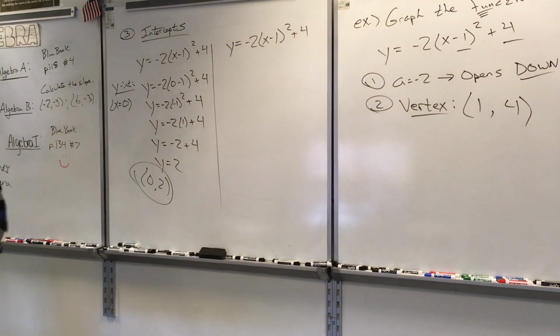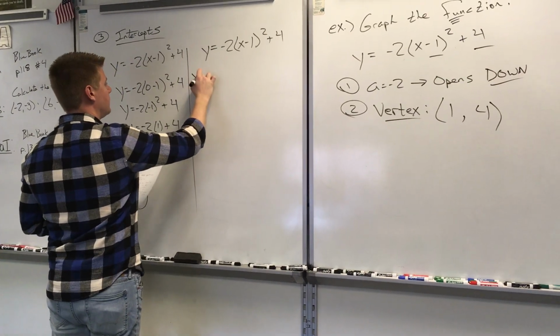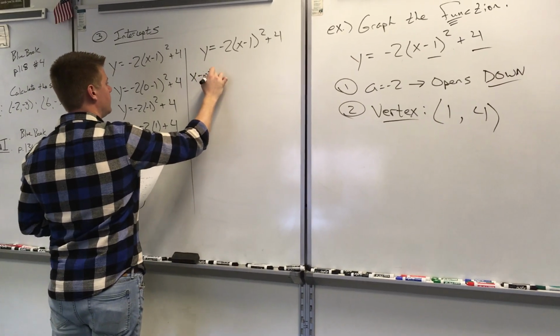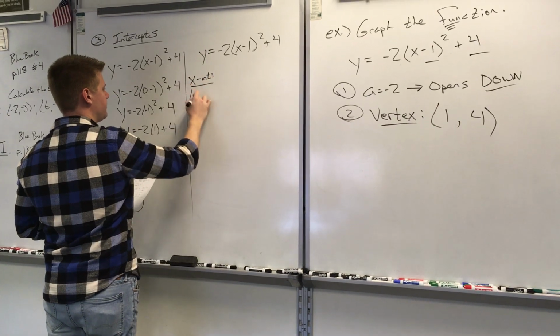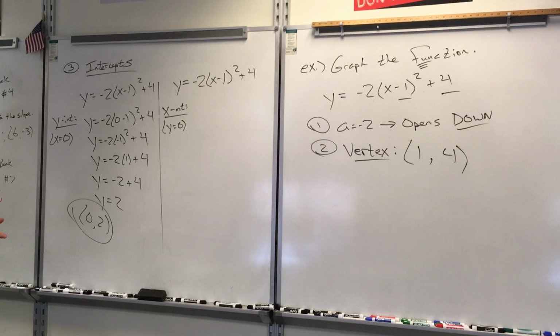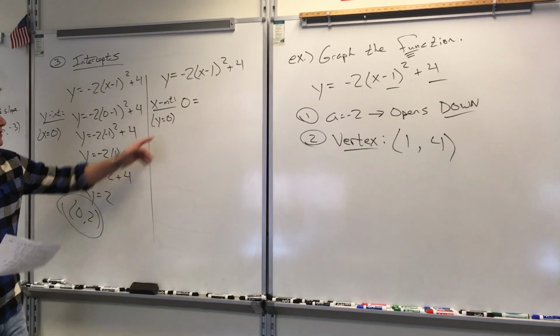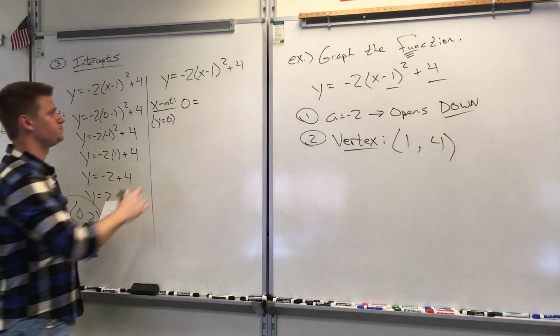Moving on to the x-intercepts. This will be a little different because we're not going to factor. There'll be actually an old strategy involved with this, but it always starts the same way. I still substitute 0 for y.